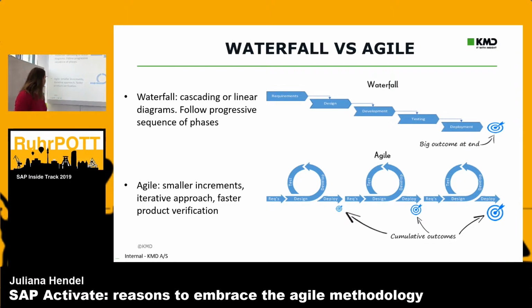Now with this also comes much faster product verification, obviously, and we will have user involvement throughout the project. We will also have testing and quality control throughout the project, which makes it very easy to measure project success, and it is very adaptive, so we can make changes anytime. So that's what we have in terms of waterfall and agile.